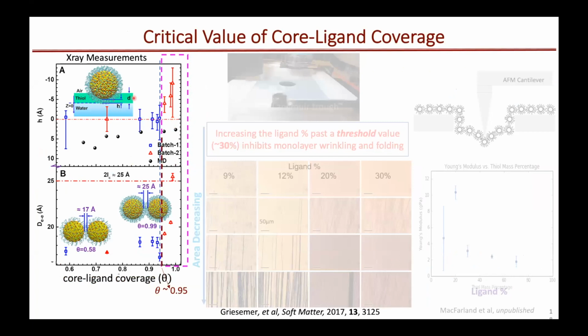So both the GID and the reflectivity show a critical value of 90% of the core ligand coverage, where the gold core separation and the separation from water increase.